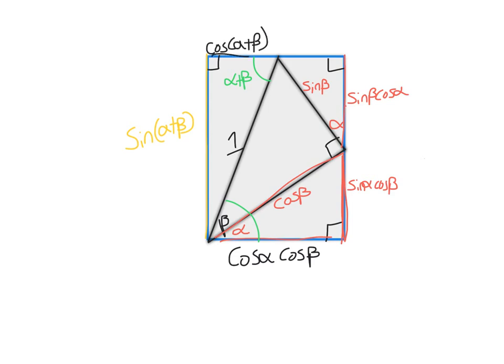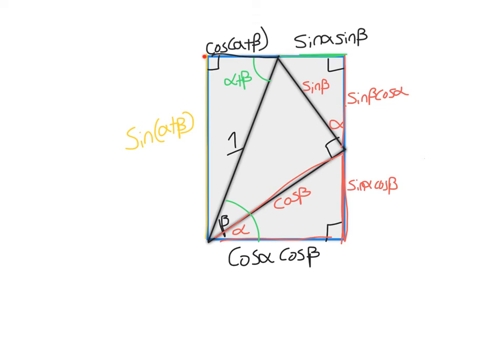So that's just this side here. And again, I can use trigonometry to find an expression for this side here, and I would get sine alpha times sine beta. Let me know if you want to know more about the calculations. It's just using simple trigonometry, SOHCAHTOA.